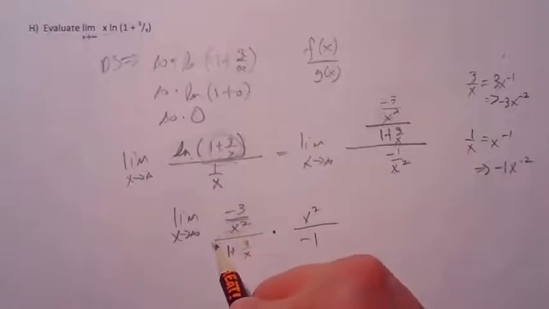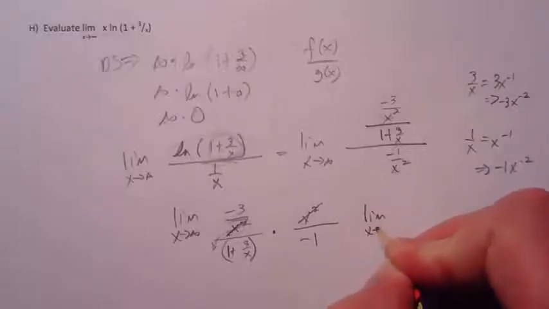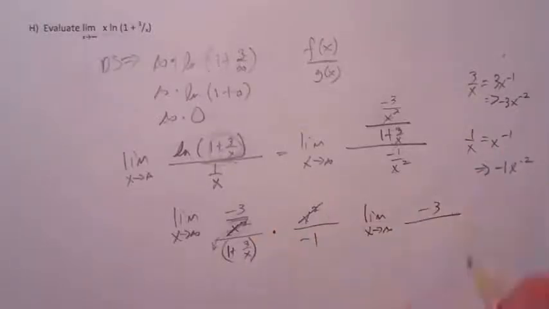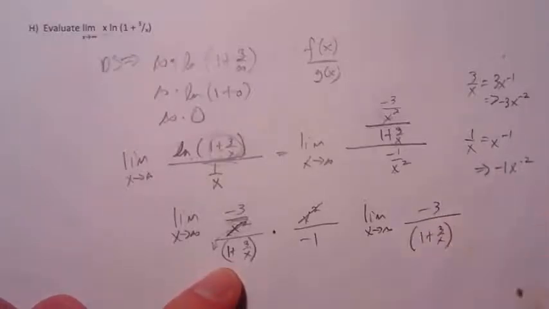I could really just put that into the denominator since it's already in the denominator of the top part of the fraction. By doing that, it would cancel, quote unquote, the x squared on top. To clean up what's left, I'd have a negative 3 in my numerator and 1 plus 3 over x in the bottom with a negative 1.